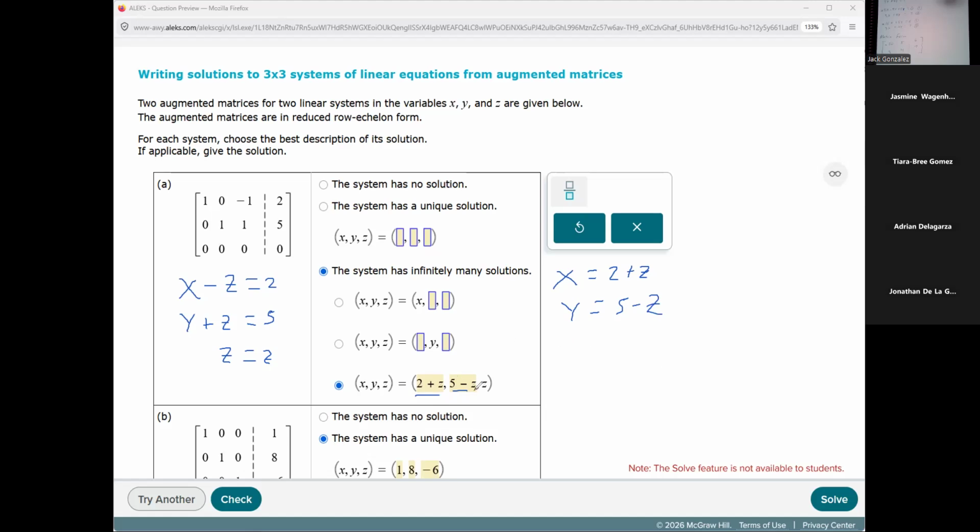And then the last one, you just call it z. That's where this comes from. That only happens when you have the infinite case. Do you see how they got this answer here?